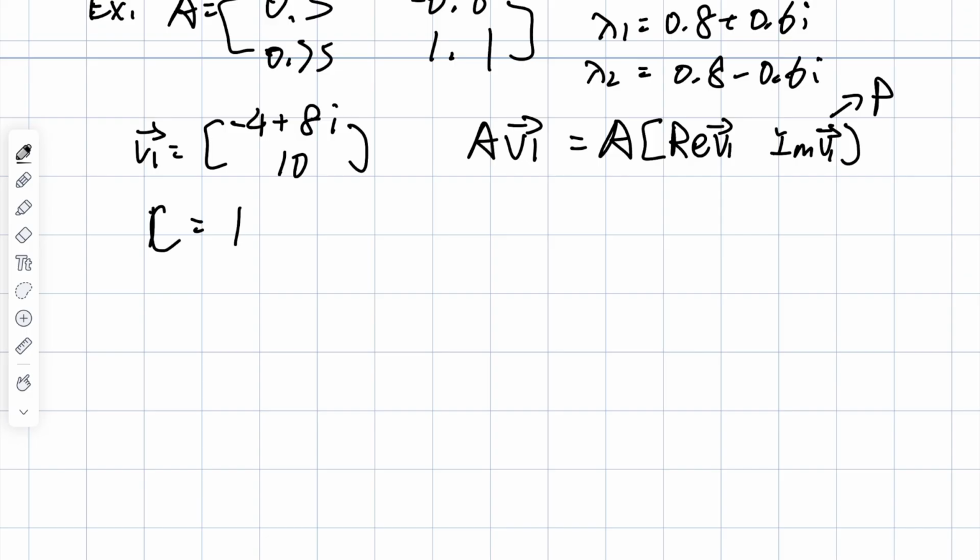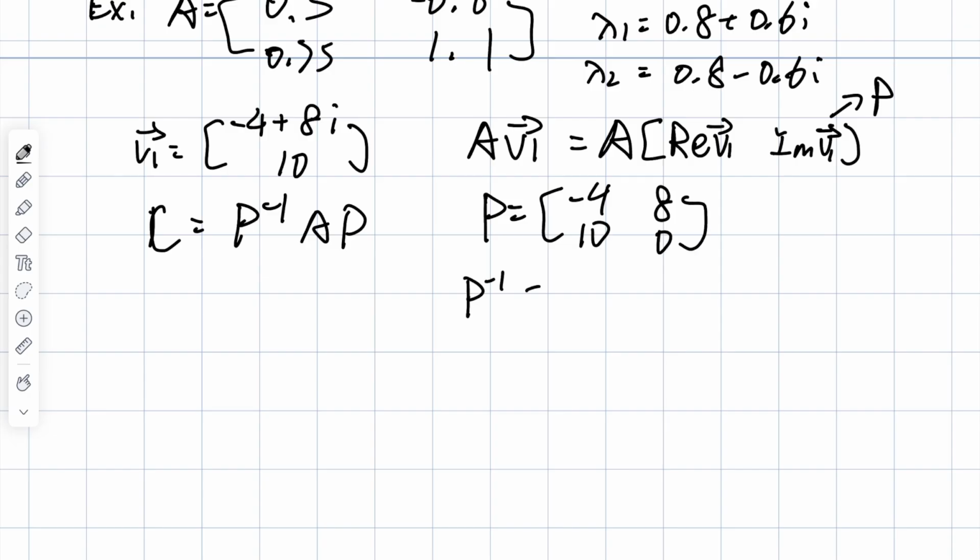C equals P inverse times A times P. Here P equals negative 4, 10, 8, 0. And the P inverse would be swap 0, negative 4, negative 8, 10.